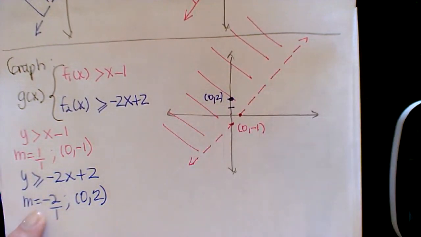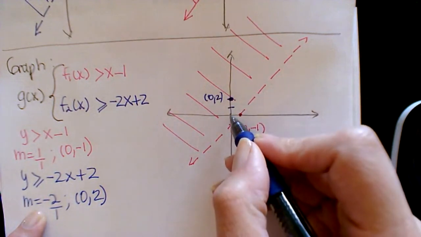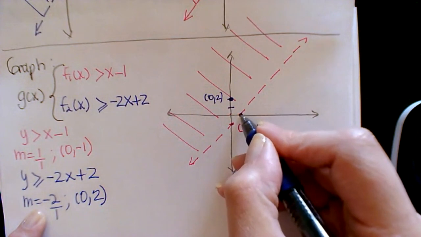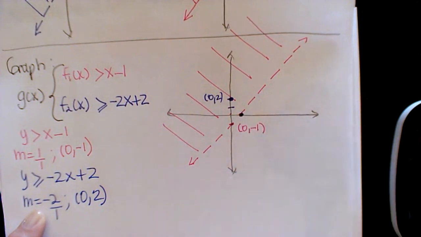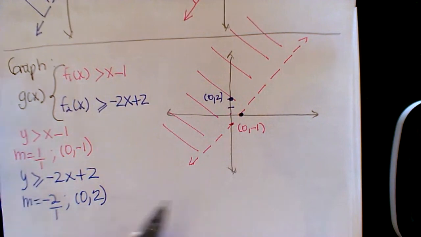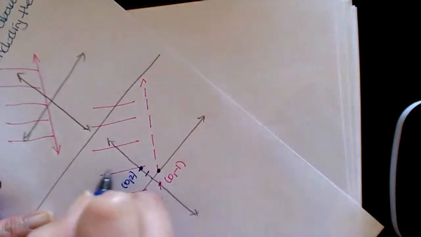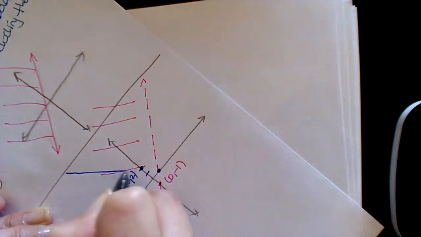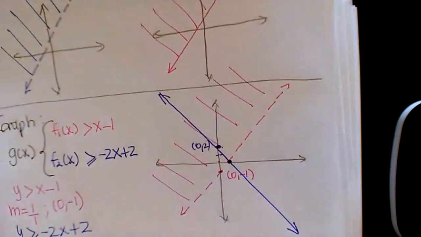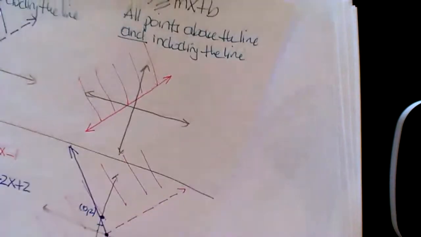My slope is going to go what? 2 down and 1 to the right. So it's going to be exactly here. This is going to be a solid line. There we go. And it's telling me the numbers that are greater than.